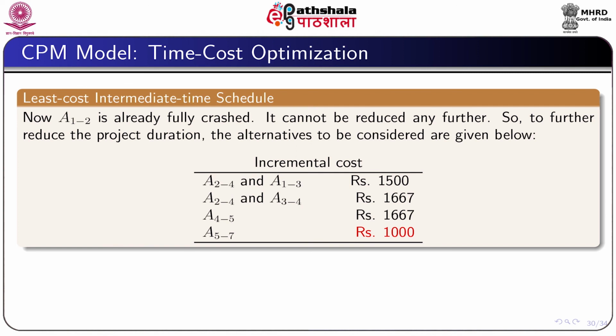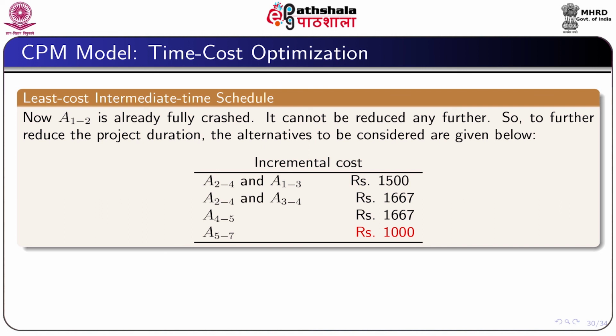Now, activity 1 2 is already fully crashed, as I mentioned, and cannot be reduced further. So, to further reduce the project duration, the alternatives to be considered are shown in the slide: activities 2 4 and 1 3, activities 2 4 and 3 4, activity 4 5 and activity 5 7.